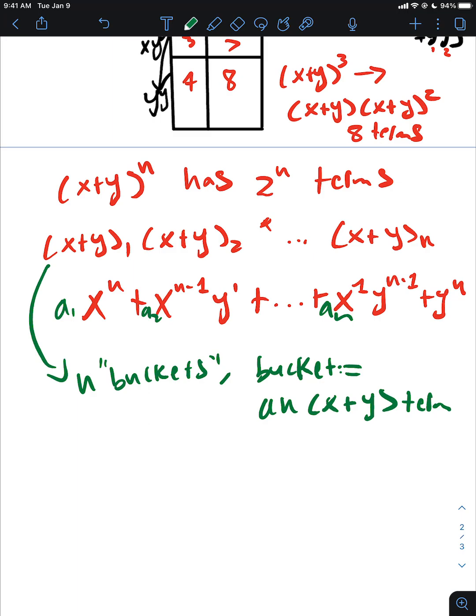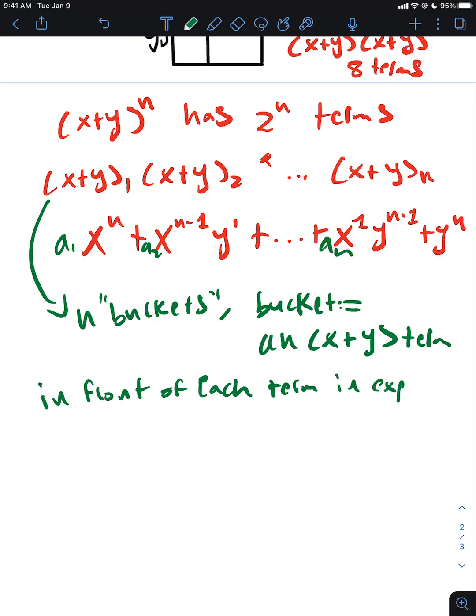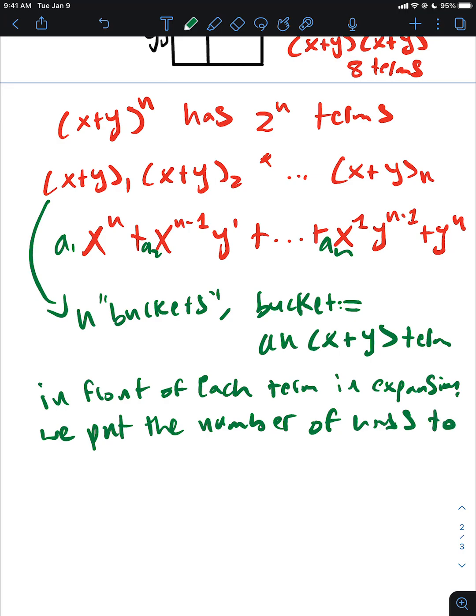So what that means is that when we have these buckets, we can think about, in front of each term in the expansion, we put the number of ways to choose.